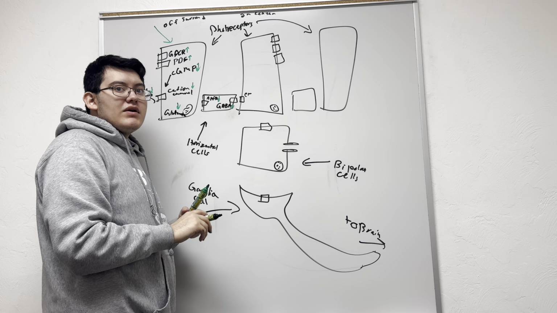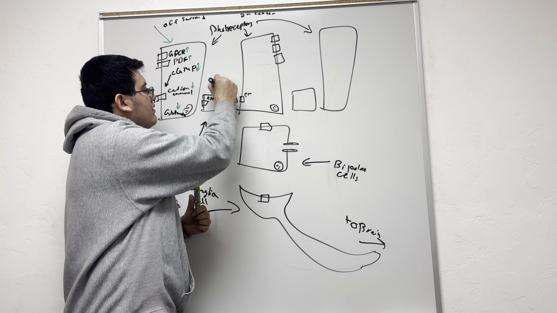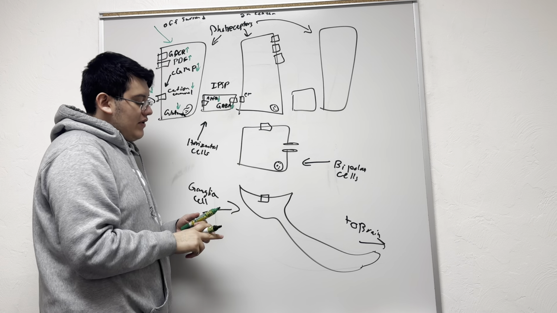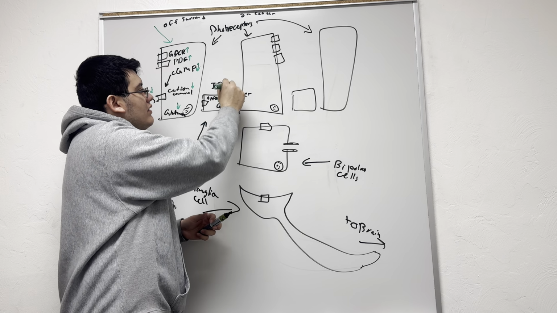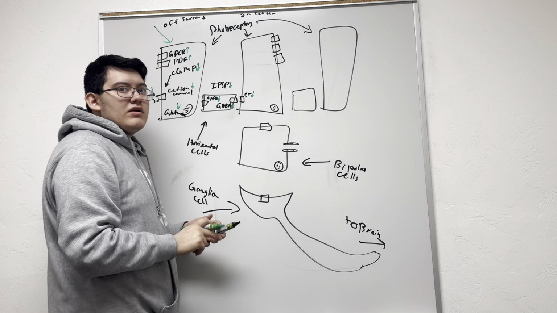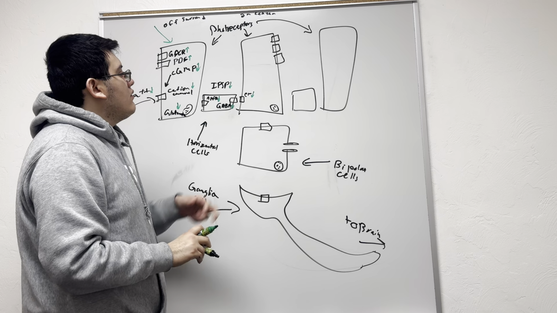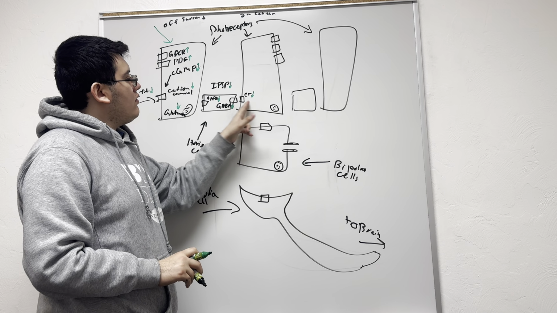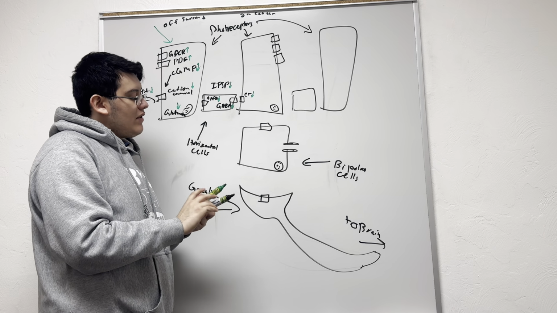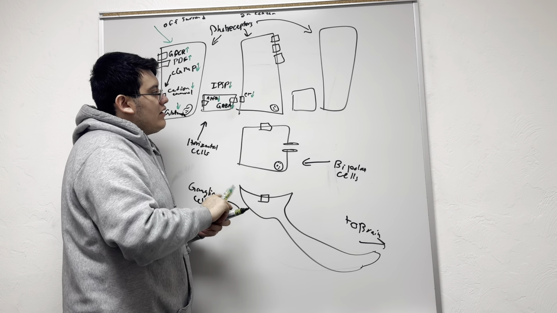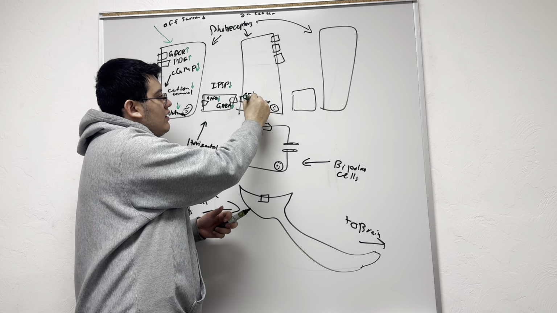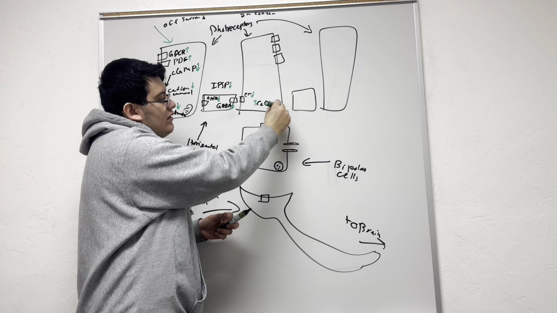It makes IPSP. So since there's going to be less GABA activated, there's going to be a decrease in the IPSP, which means the chlorine channel will not open. It will not have chlorine come in as much, which is going to increase the amount of calcium in here, which is going to increase the amount of glutamate again.